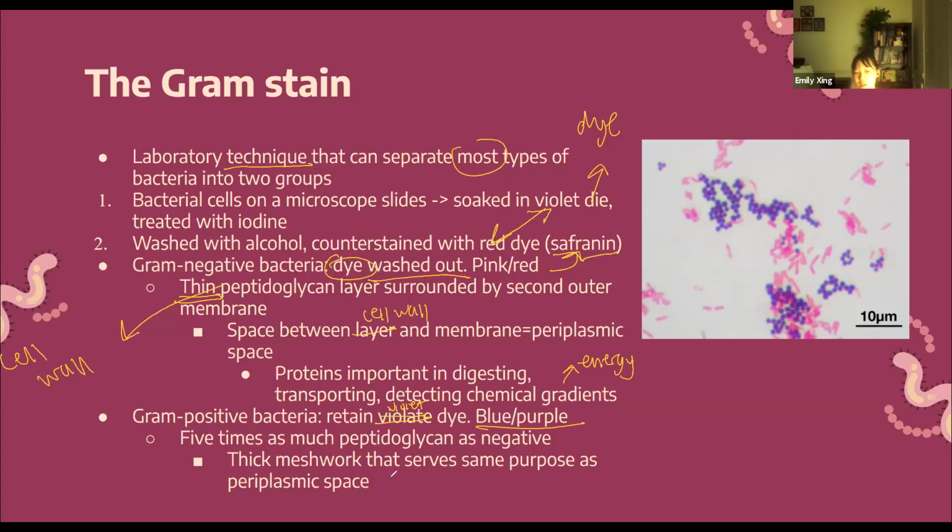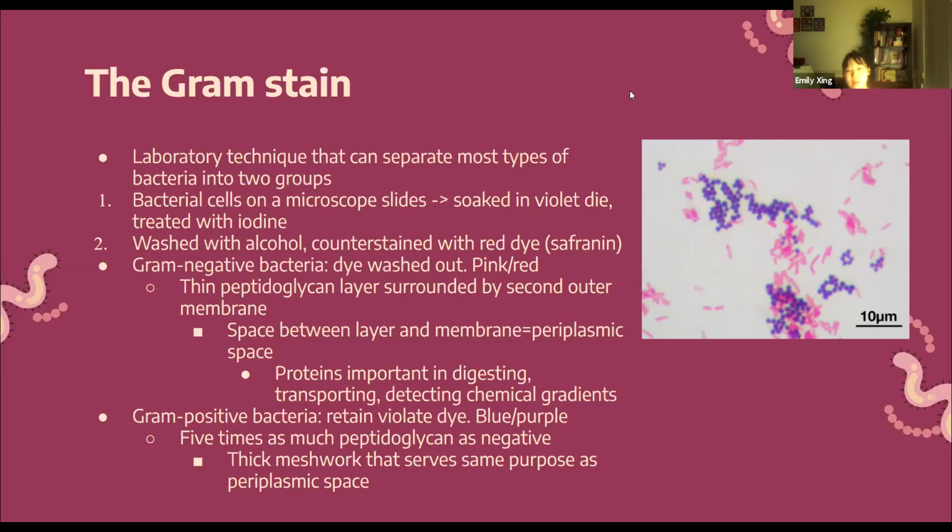And so instead of having a periplasmic space, because again there's no space, you have this thick meshwork of various proteins and carbohydrates that basically serves the same purpose as a periplasmic space. As you can see on the right here, the purple things are gram positive, and the pink, reddish ones are gram negative.